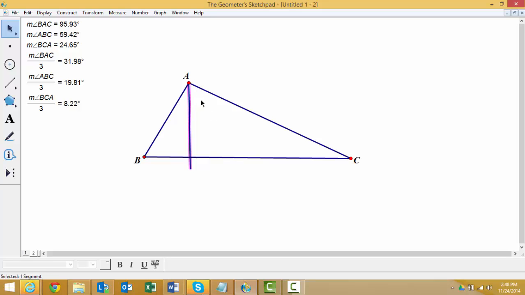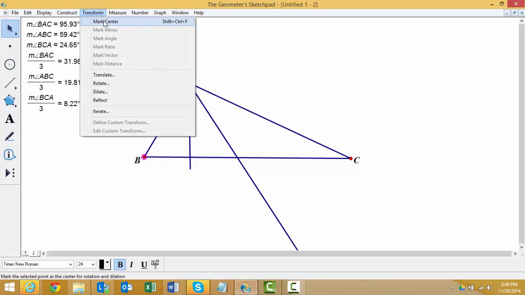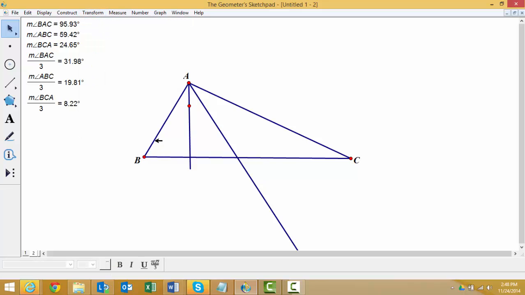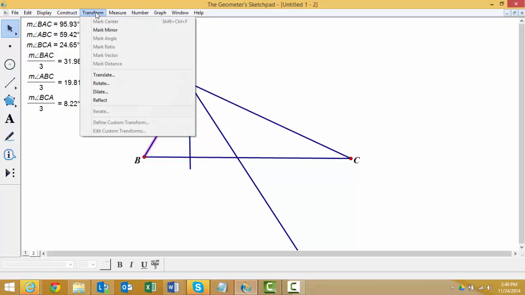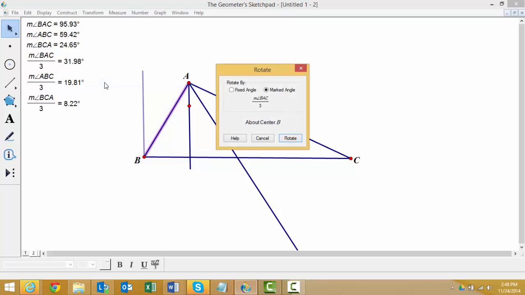So now I'm going to bisect the rest of it so I can get the trisector. I'm going to take these two sides and construct the angle bisector. I'm going to follow the same thing here. Transform, mark that as a center, take that side and transform, rotate.